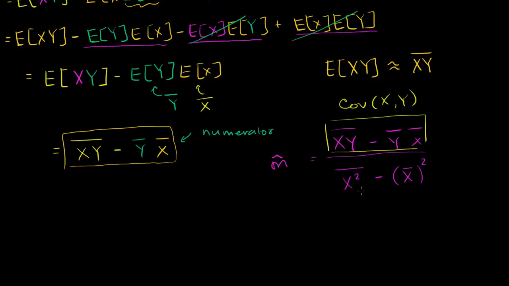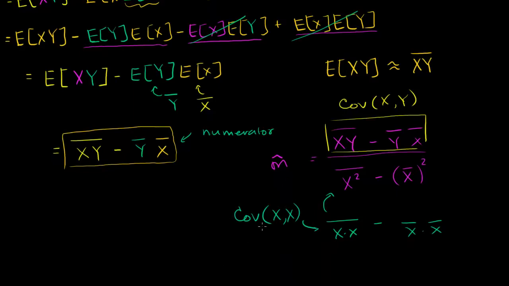Now, what is this over here? Well, this bottom part you could write as the mean of x times x, which is x squared, minus the mean of x times the mean of x. Well, you could view this as the covariance of x with x.